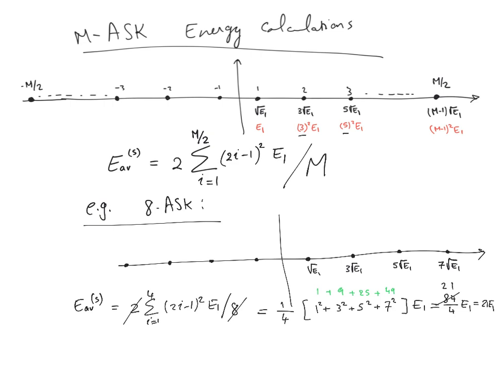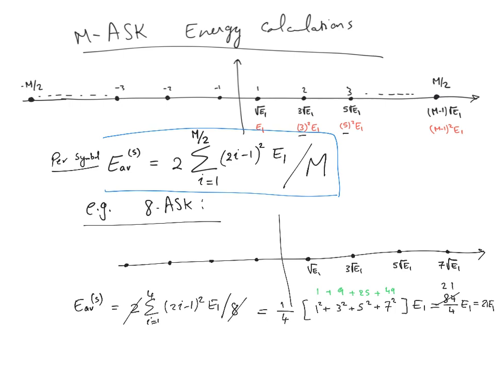And that's the average energy per symbol for this particular modulation. Now, what if I want to calculate the average energy per bit, right? So this is per symbol. Now each symbol contains how many bits, and that's going to define how to calculate the average energy per bit, right?